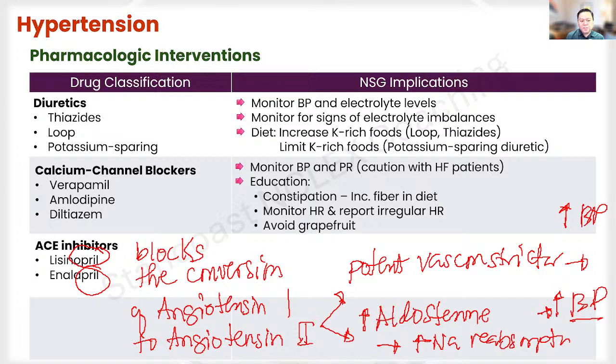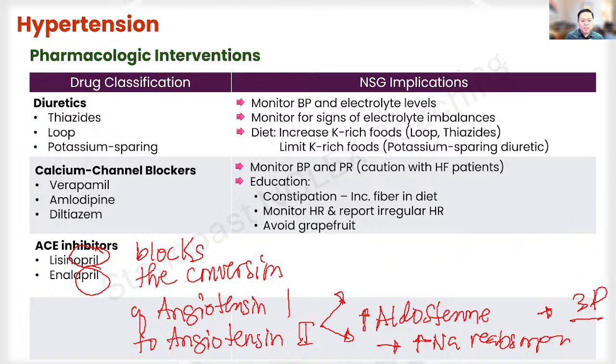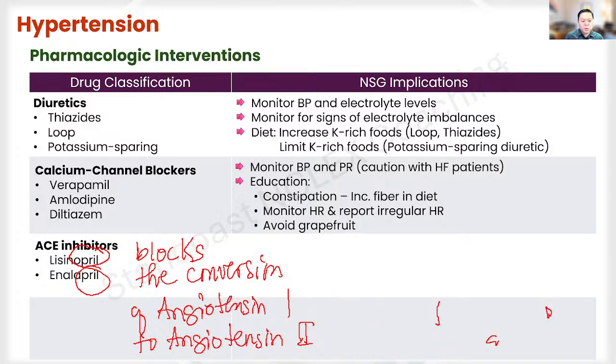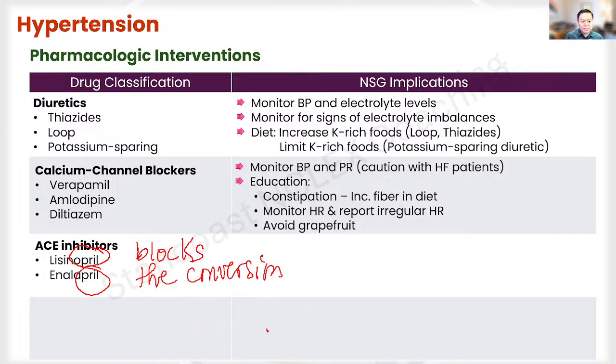Now, the reason why lisinopril or the ACE inhibitors are effective in treating high blood pressure is because they block the conversion. None of this will happen if the person takes the ACE inhibitor. Again, none of this will occur, right? There is no conversion when ACE inhibitors are taken.